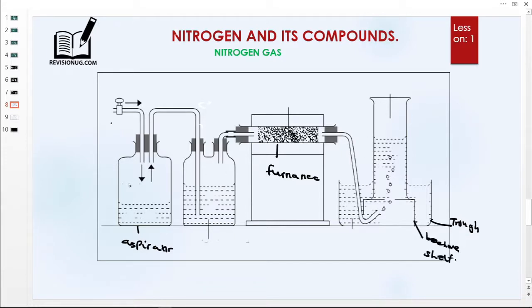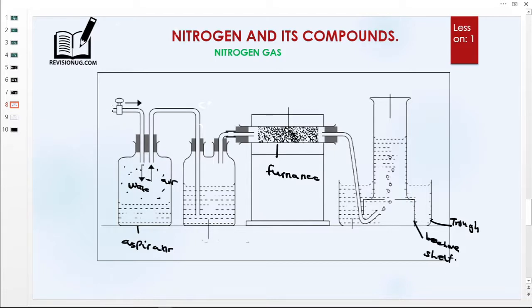Here we have a tap. This tap is going to provide us with water, and this water is going to be poured into this aspirator. This arrow is showing us water entering, and this arrow is showing us air going out. The reason we are using this tap water is to force out this air, because this space you are seeing here is filled with air.